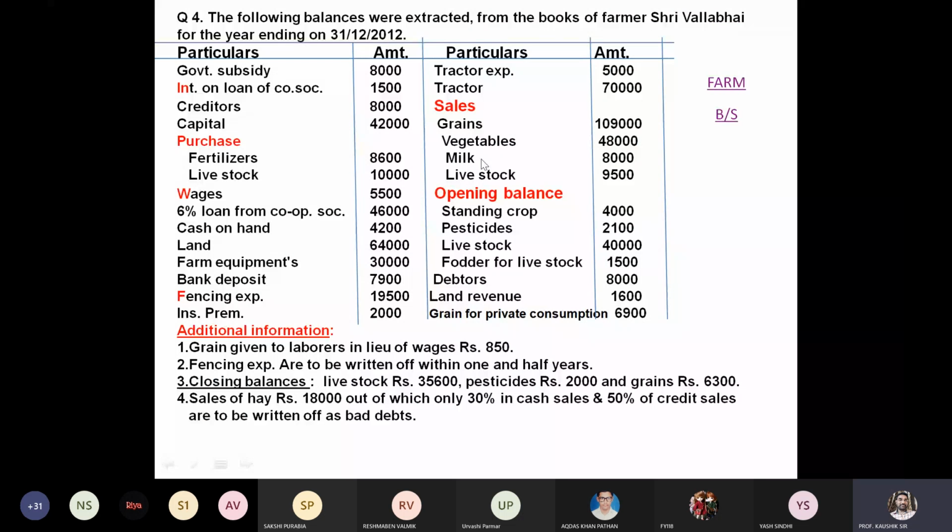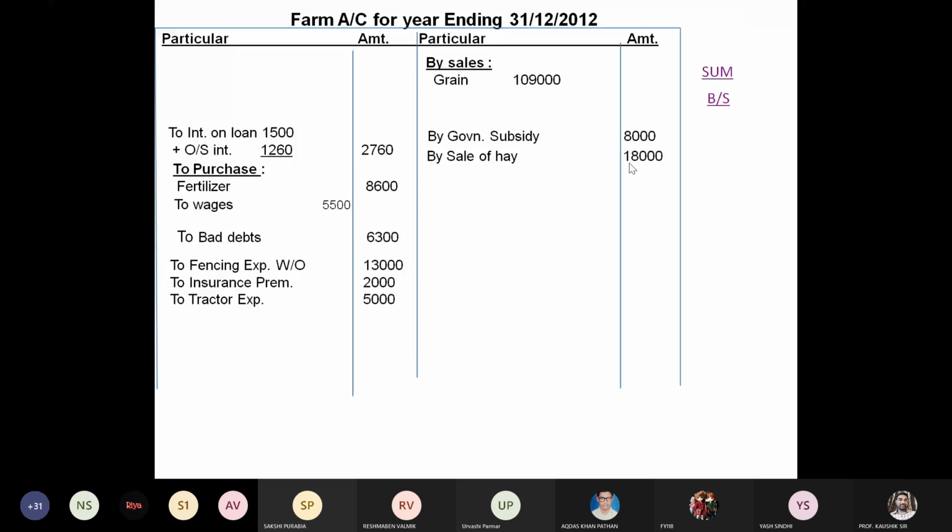Go to the farm account. Sales: grain rupees 1,09,000, vegetable 48,000, milk 8,000, total 1,65,000 sales will be shown as income.